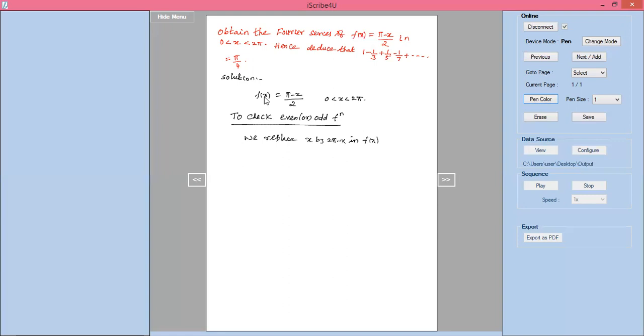We know that f of x equals (pi minus x) by 2. In that place, 2 pi minus x I will put. Why 2 pi minus x? Because the interval is 0 to 2 pi.